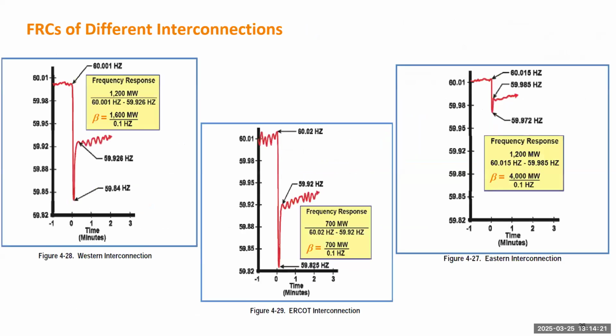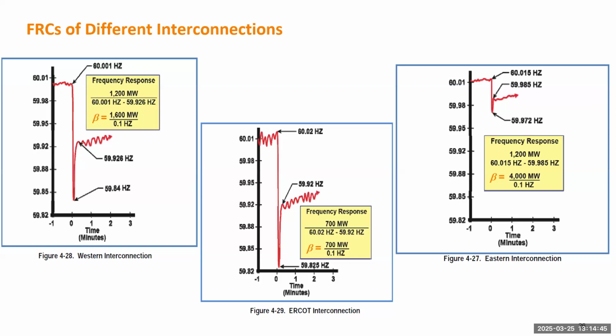So the next slide, which is the last one we showed before the spring break, is this one with the beta values for all three interconnections. The Western connection has a beta value of 1,600 megawatts. So that is about the significant load or generation change which can cause a 0.1 Hertz deviation.